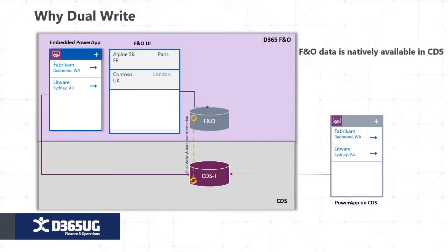How do we get data from F&O to CDS and from CDS to F&O? This is the real magic of dual write. This is where dual write comes into the picture: if we write any record in F&O, it is available in CDS, and vice versa.